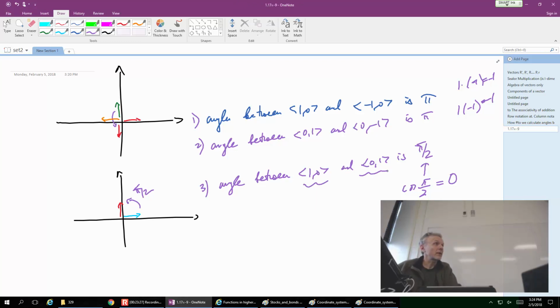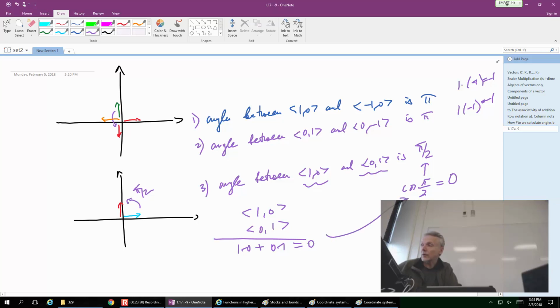X minus y then? No. Well, 1 times 0 gives you 0. We're keeping x's with x's, y's with y's. So I have 1, 0 on one hand, and 0, 1 on the other. What if I multiply 1 times 0 and 0 times 1 and then add them together? That's how I get a 0.